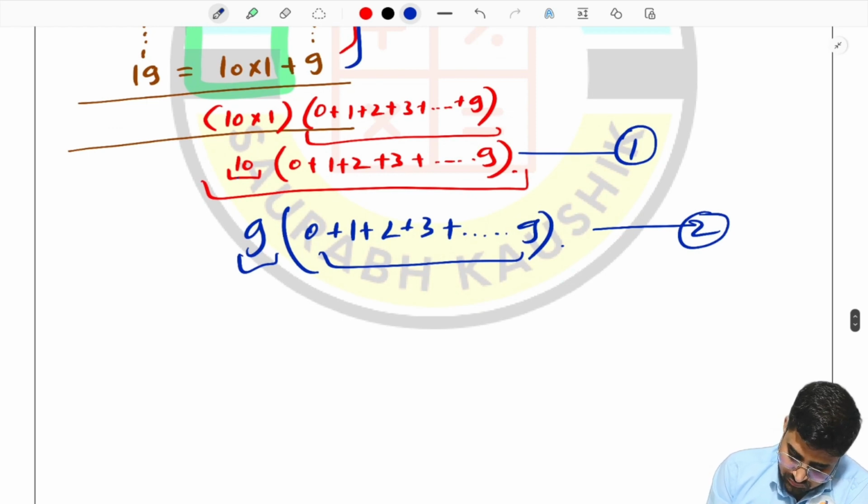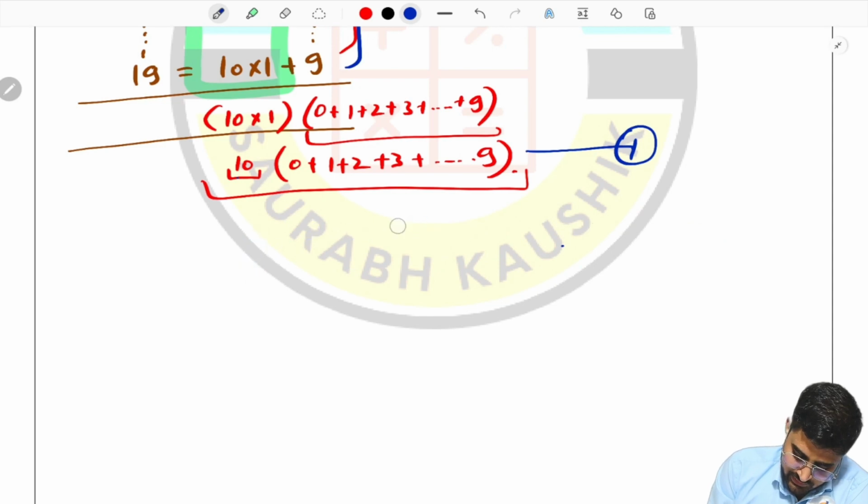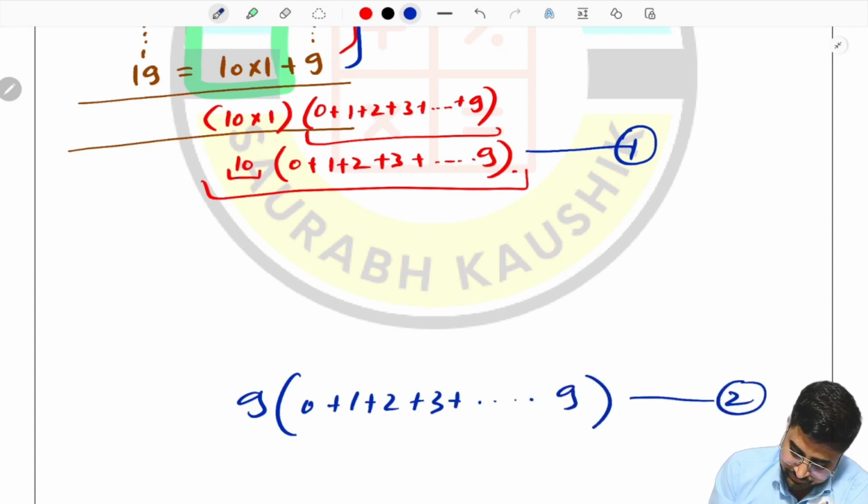So to calculate them, first let's write it here only. 9 into 0 plus, otherwise you will get confused. Now let's take the sum.